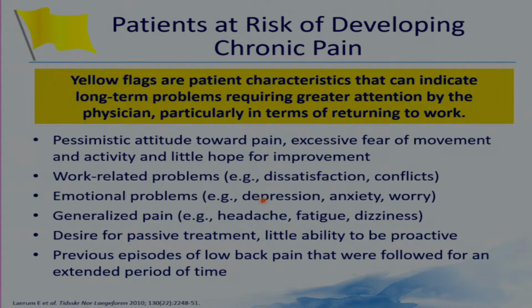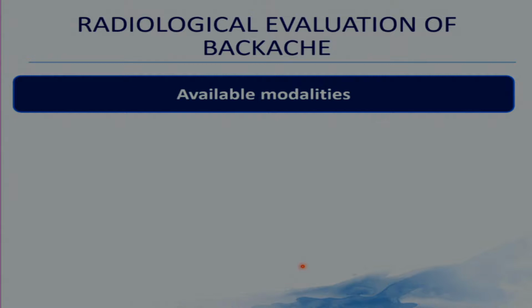Yellow flags are patient characteristics that can indicate long-term problems requiring greater attention by the physician, particularly in terms of returning to work. Again, I'm not going to go through the whole list to save some time. So once we have decided to evaluate backache radiologically, there are various modalities available to us.